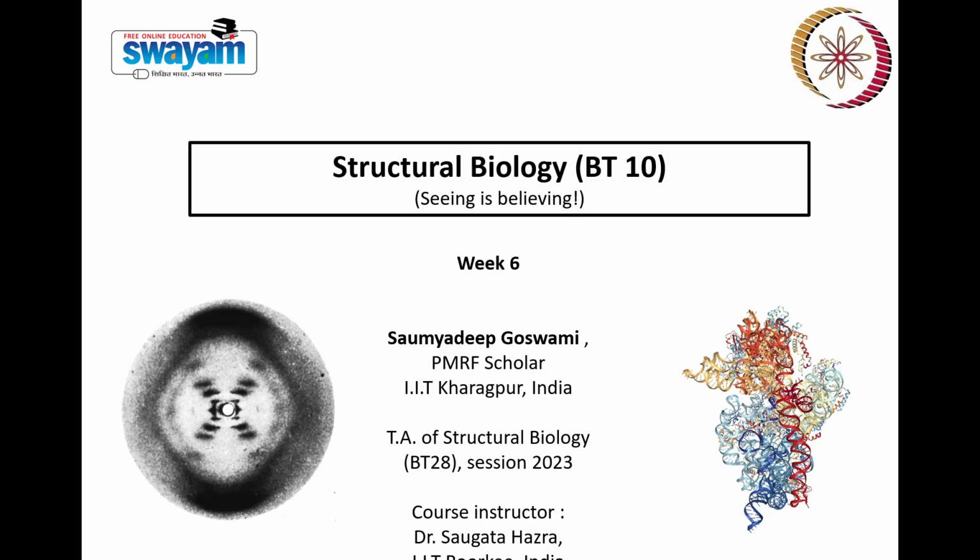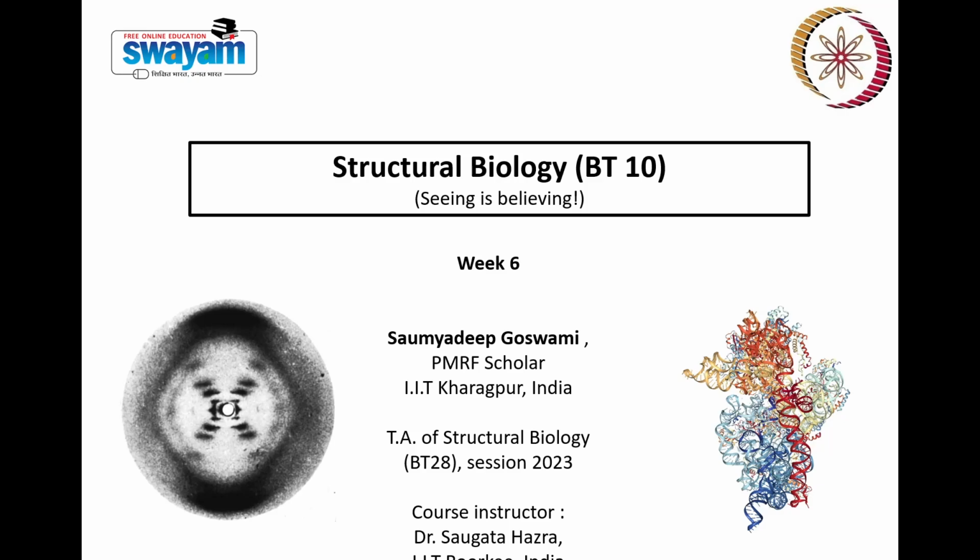Till now, what we have covered in the previous weeks is a little bit of introduction about what structural biology is. Then we went through the different techniques which can give us the initial inputs for structural biology, like protein production using molecular cloning approaches.